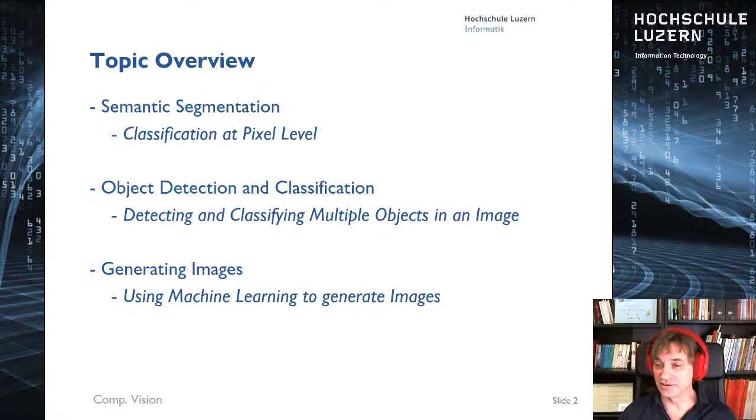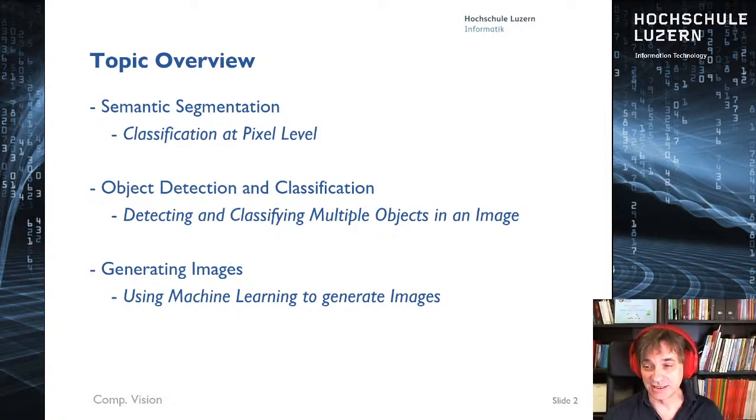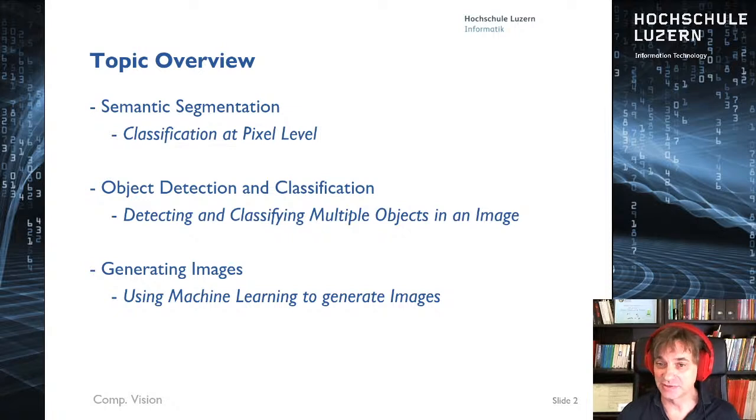You have already learned how to classify an object in one image, if only that object is in the image. But often we have multiple objects in an image. We would like to find all of them, classify them, and also localize them. And then the third topic will be generating images. We use different machine learning techniques to generate images.